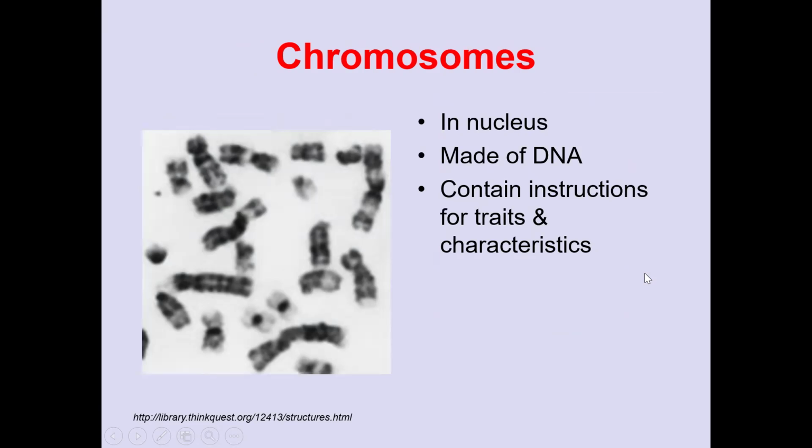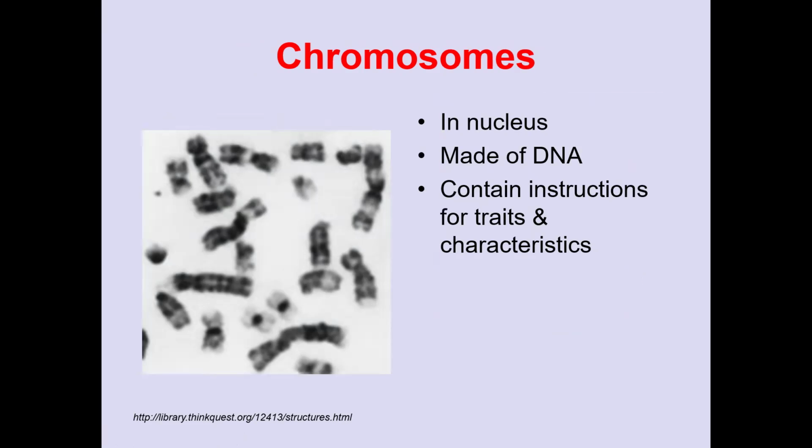Still in the nucleus, we have what we call the chromosomes, and these chromosomes are made of DNA, and they contain information or instructions for traits and characteristics that can be passed from parents to offspring.